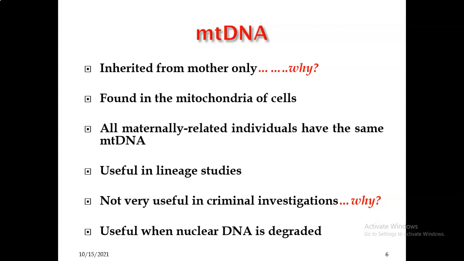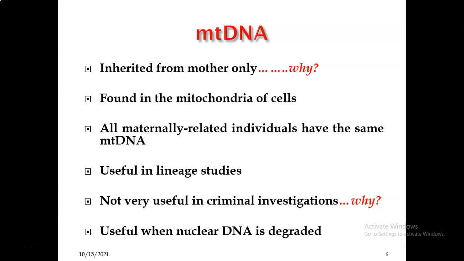Mitochondrial DNA is inherited from the mother alone because during conception, it is only the mother that contributes her mitochondrial DNA to the fetus. Once the head of a sperm enters an egg, fertilization takes place.